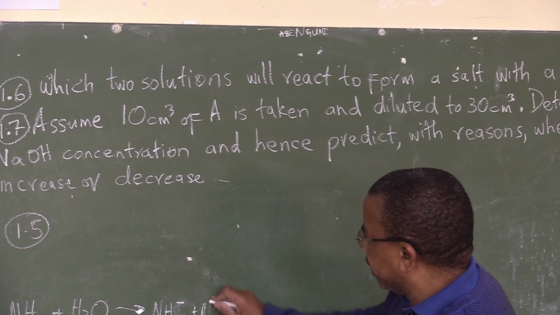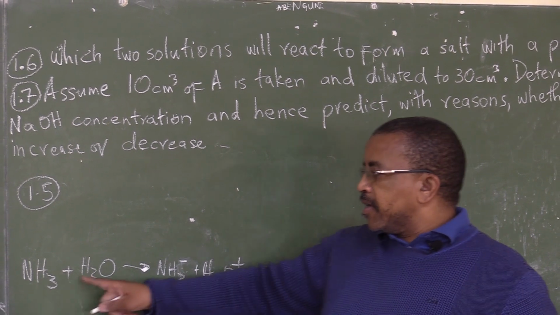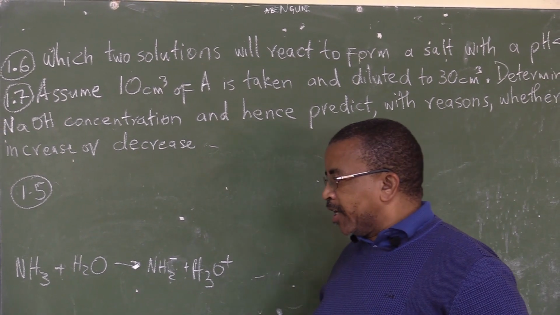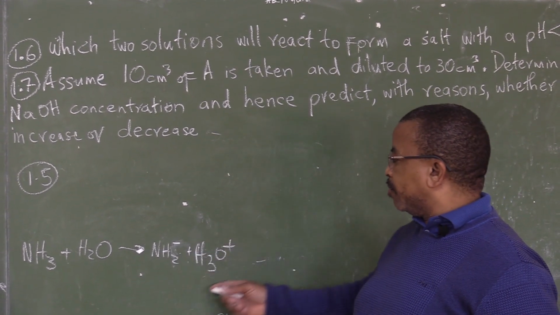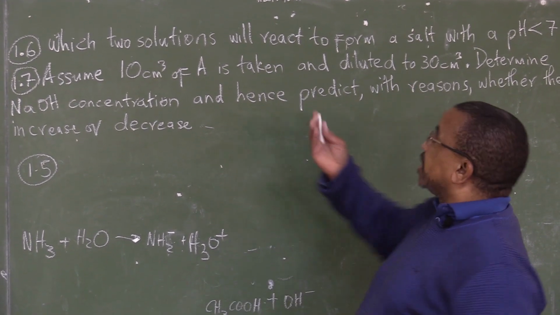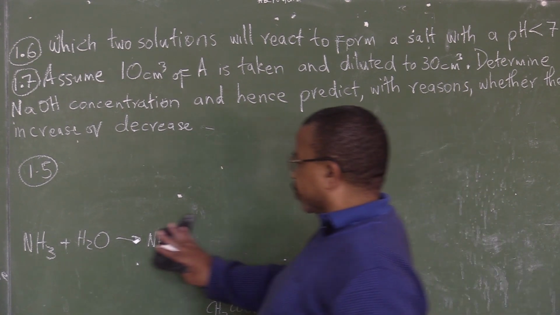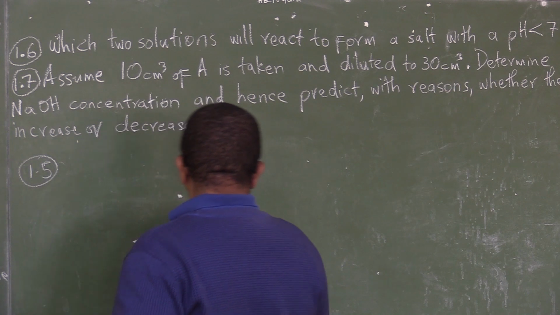If it's ammonia in water, ammonia will accept H plus, then a lot of hydronium ions will be formed, hence decreasing the pH of the solution. So it's B and D.